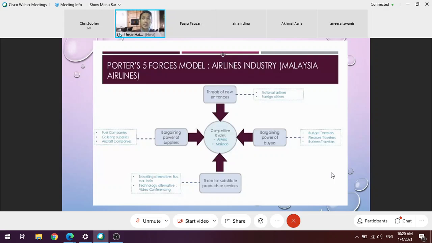That's the reason why, if you try to remember back in 2017, if I'm not mistaken, after the incident of MH17. Do you remember the incident? I think it's MH17, right?